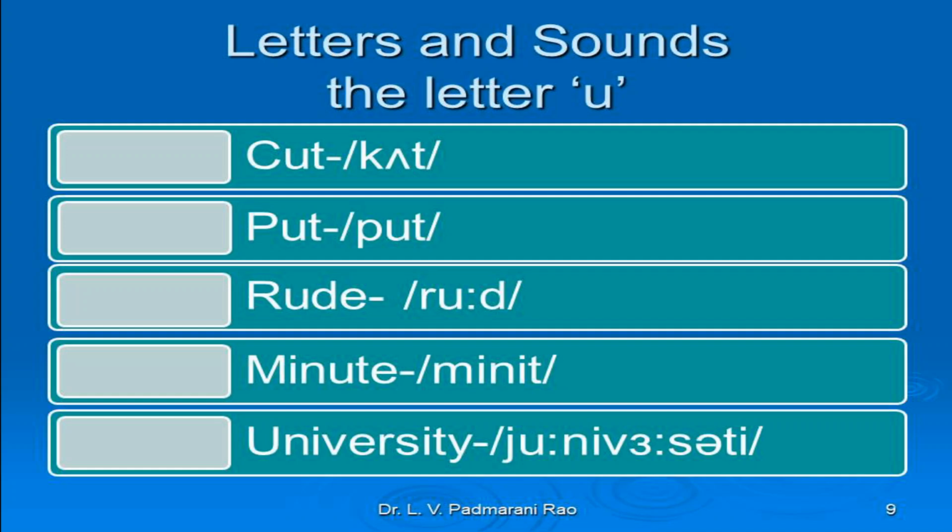It is not rud, but it is rude, the longer pronunciation. M-I-N-U-T-E. The pronunciation of it is minute, in the form of i, not u or a. Look at the last word, U-N-I-V-E-R-S-I-T-Y. It is university, with a yoo sound. The same letter is used in all the examples, but the pronunciation in each example is different.